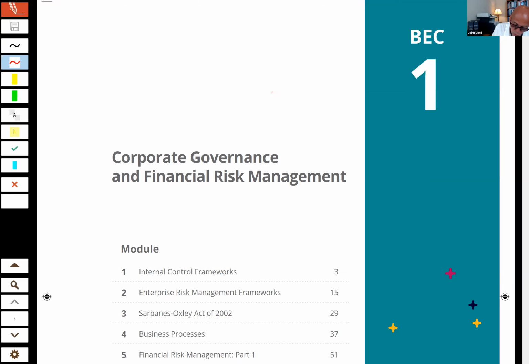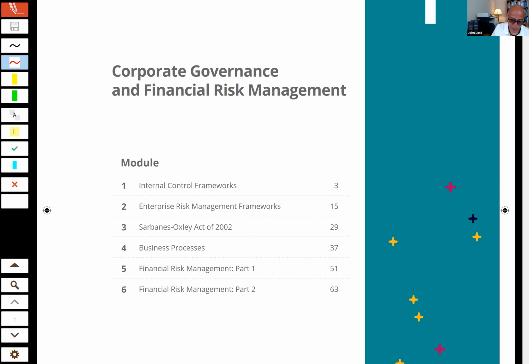Okay, so when we look at some of these modules tonight, we're going to talk about the internal control framework, and we're really going to be looking at some things that have been put together by the Committee of Sponsoring Organizations of the Treadway Commission, abbreviated COSO. You've probably heard about them in terms of the internal control framework that we will study tonight, and we will also study a little bit later in the auditing course.